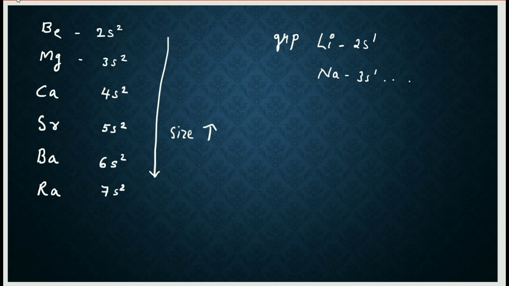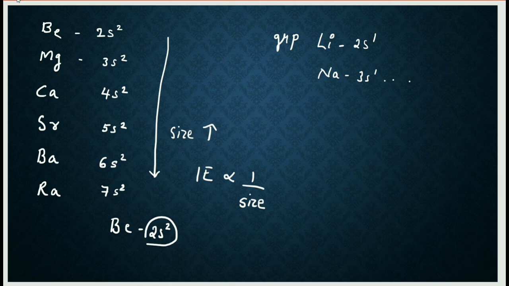And what about the ionization enthalpy? Ionization enthalpy is proportional to 1 by size. That means as size increases, ionization enthalpy decreases. Beryllium has a 2s2 configuration, and removing an electron from the 2s orbital is difficult. That means the ionization enthalpy is greater.